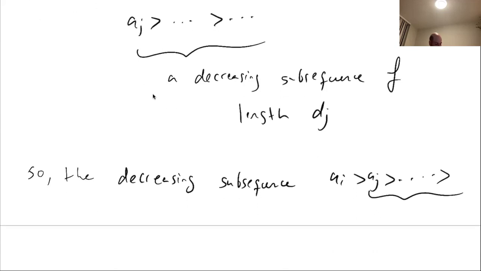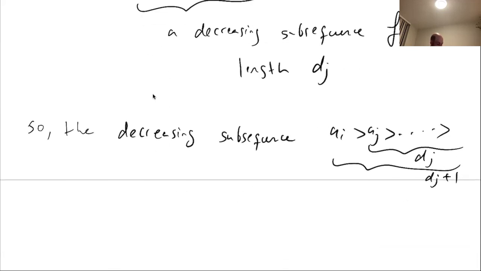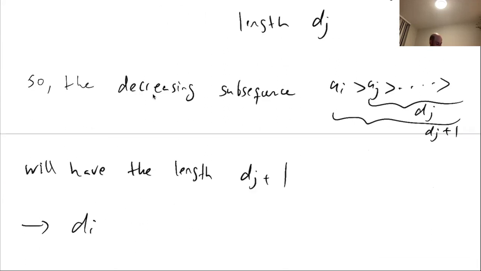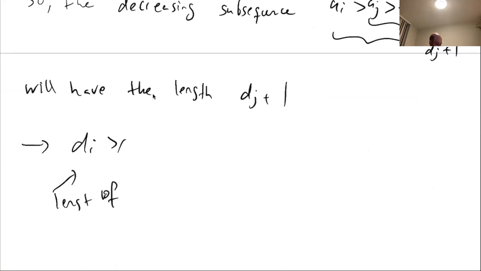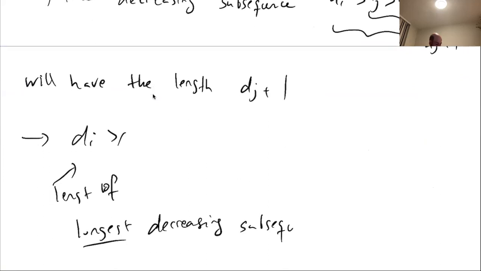So this has length dj, and this will have length dj plus 1. A decreasing subsequence of length dj plus 1. So that means di, which is the length of the longest decreasing subsequence, will have length bigger than or equal to dj plus 1.